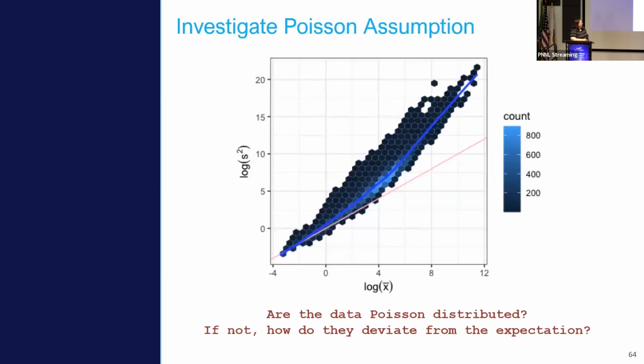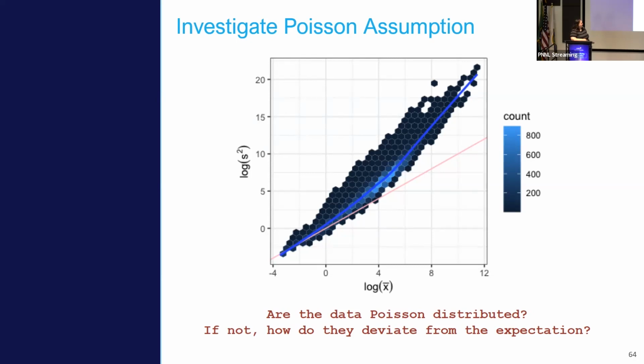However, now that we've moved on to something more complicated where we're actually looking at biological replicates, what I have here on the x-axis is, for a transcriptomics data set, for each gene, the log mean count.